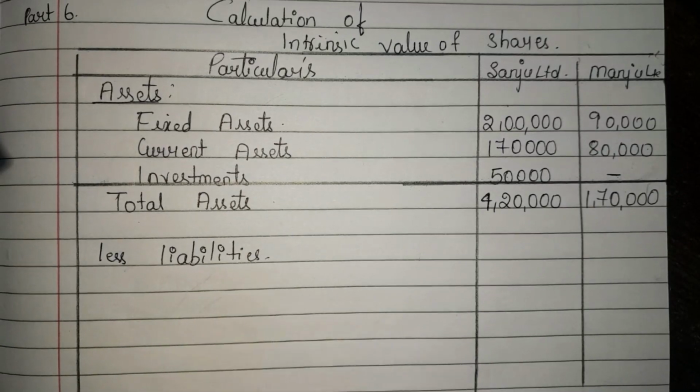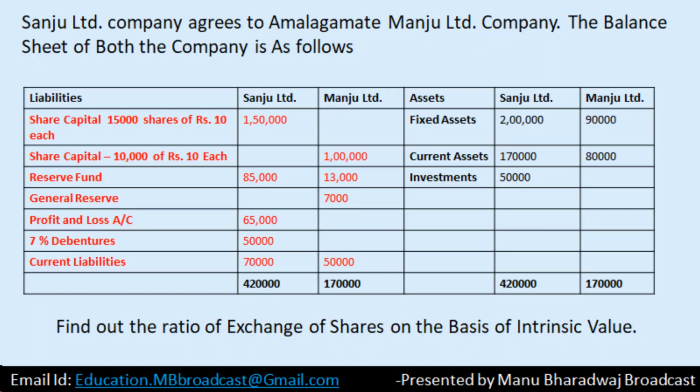So see the question. What are the liabilities we have? Share capital we should not consider. Reserve fund we should not consider. General reserve we should not consider while calculating purchase consideration. Profit and loss account also we need not consider.